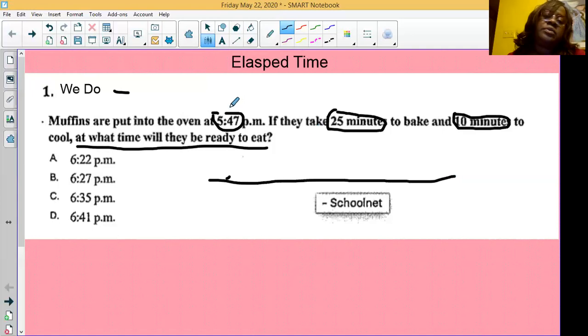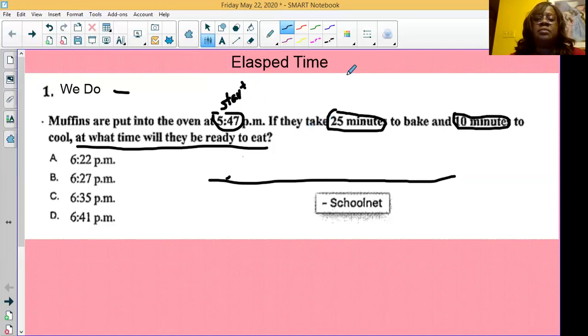We know 5:47 is going to be considered our start time. So let's label that the start time. So we know that 5:47 is going to be the time that we put up there.